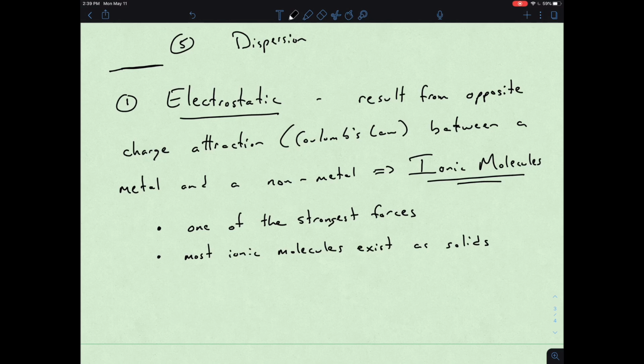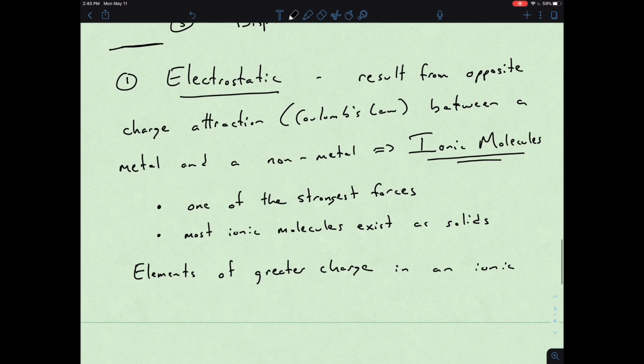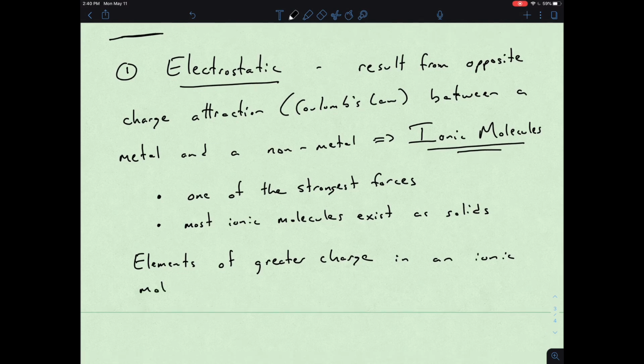And so elements of greater charge in an ionic molecule produce greater electrostatic forces.